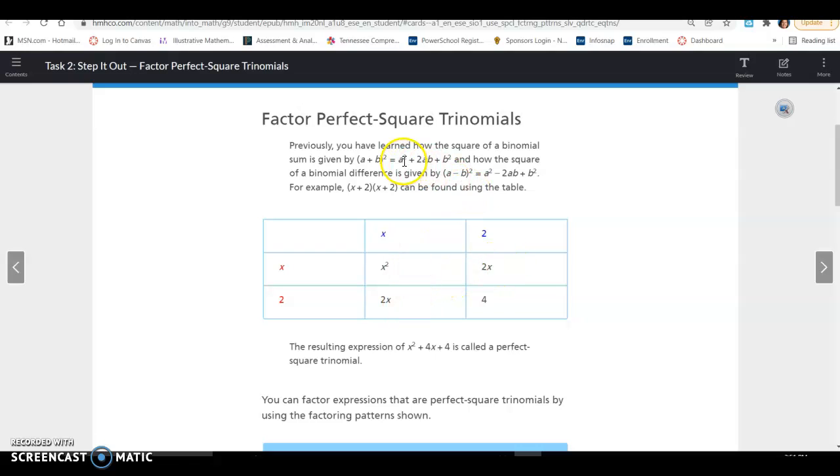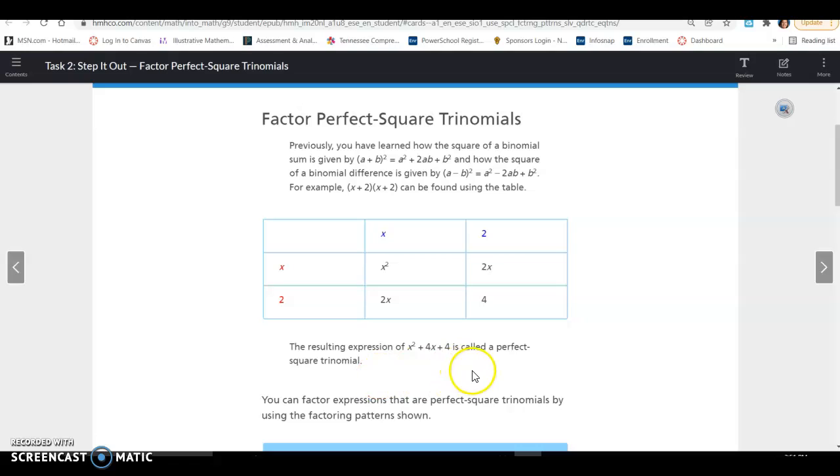So the formula says your first term squared plus twice your middle term, so twice whatever ab is, and then plus your last term squared, because 2 times 2 is the same as 2 squared, which equals 4. So if we double this term, 2 times 2x gives us 4x, and that's what our resulting expression is.